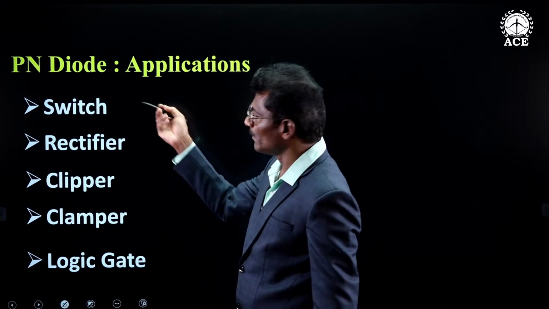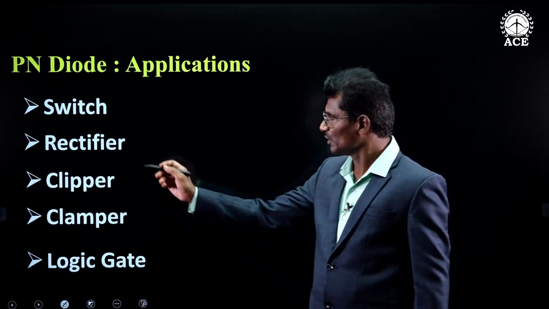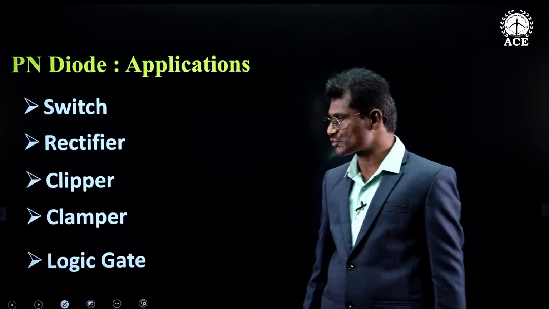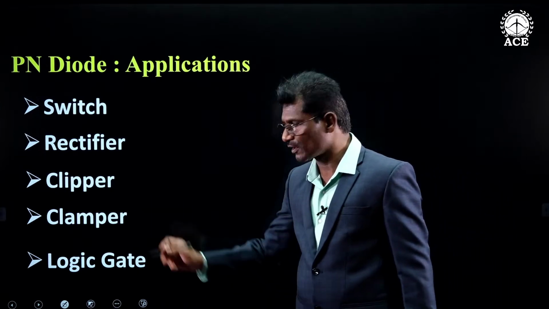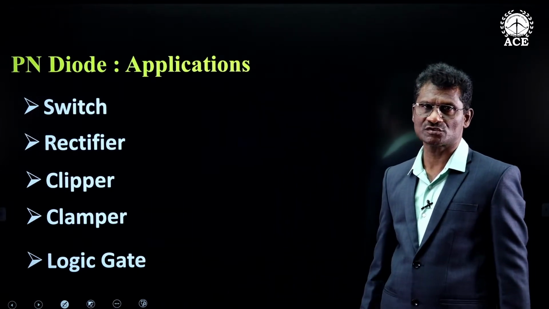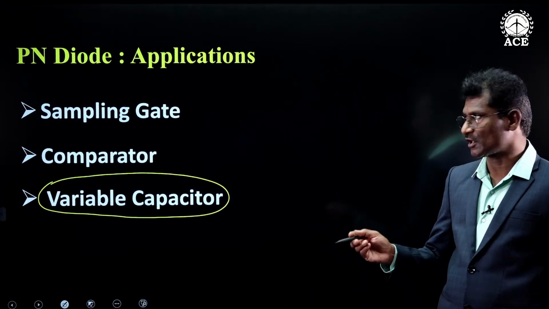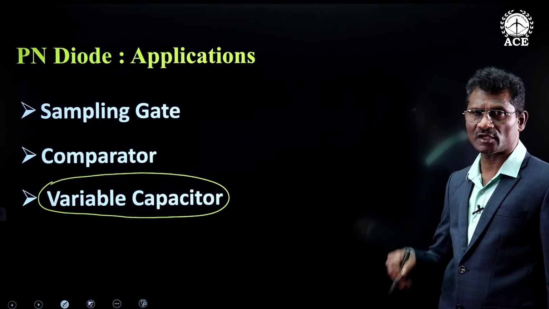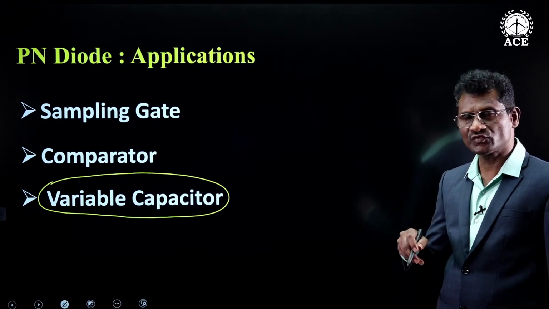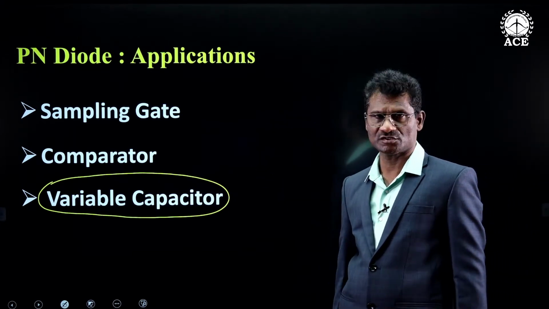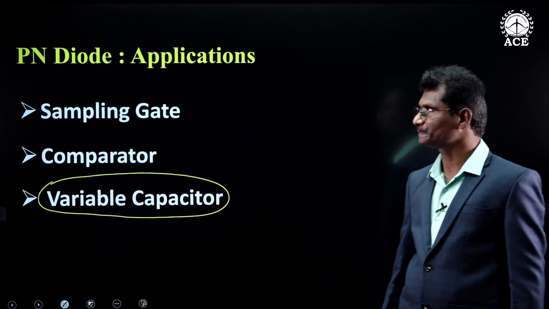In rectifier, PN diode is used like switch. In clipper, PN diode is used like switch. In clamper, also PN diode is used like switch. Ideally speaking, PN diode has two major applications, that is switch and variable capacitor. But in switch, there are multiple applications as given earlier.